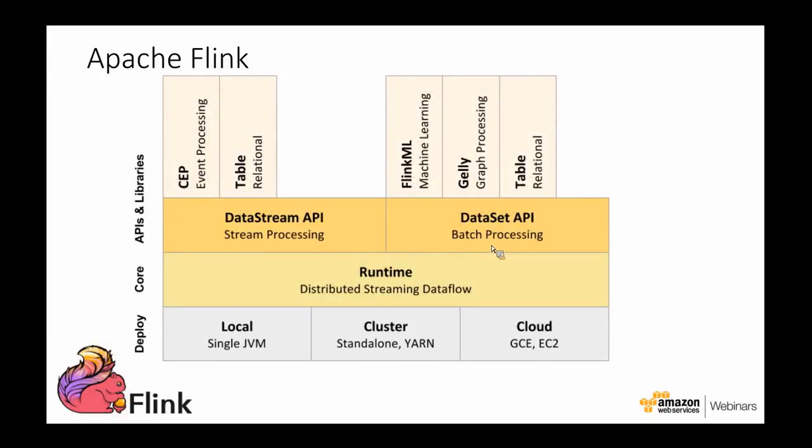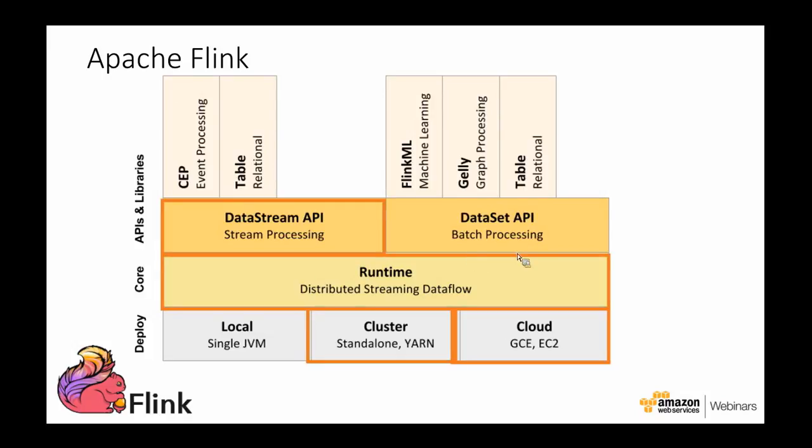Here's the architecture, the components that comprise Flink. The really key component is the runtime distributed streaming data flow. This is the fault-tolerant, low-latency, high-throughput backbone that is designed to handle streams, deal with event time, various windows, etc. And on top of that, Flink has some APIs that expose different ways of working with that.